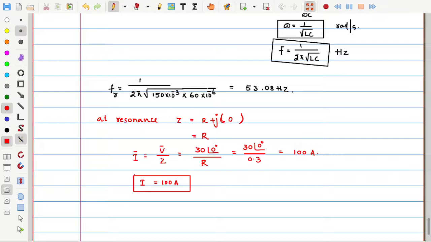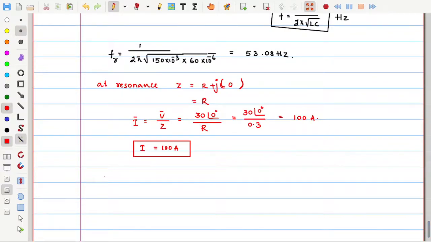For example, if somebody asks how much is the power taken by this circuit under this condition, power is simply I square into R. At resonance, power is equal to I square into R. How much is I? 100 square into R, 0.3.